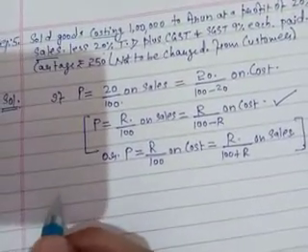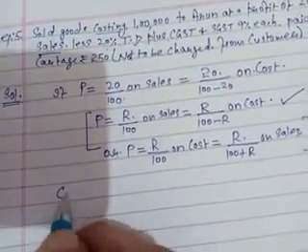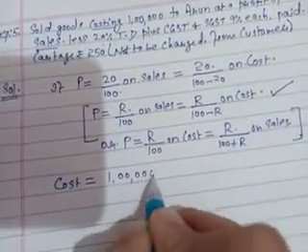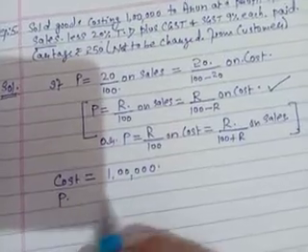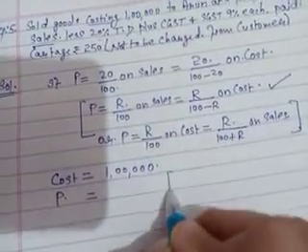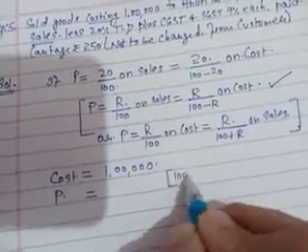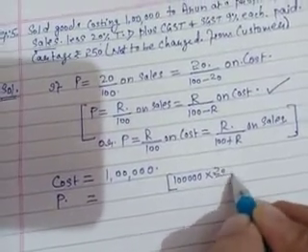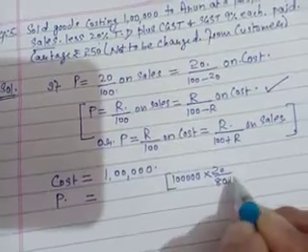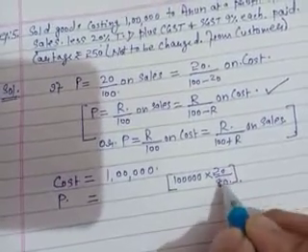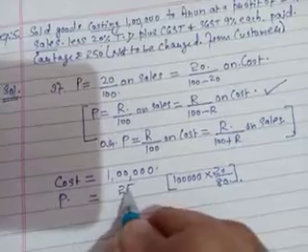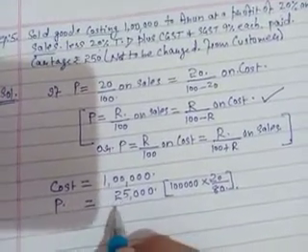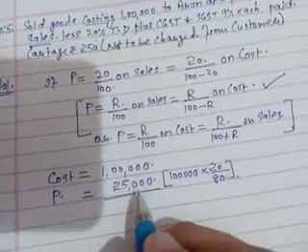So here, cost is equal to 1 lakh, profit is 1 lakh into rate over 100 minus rate, that means 20 over 80. That comes out to be 25,000. This is the profit amount. 25,000 is the profit on sales.